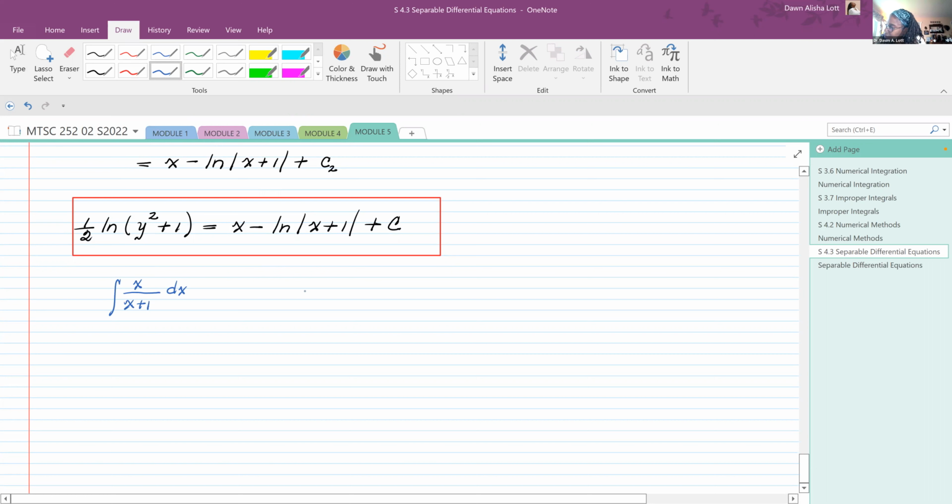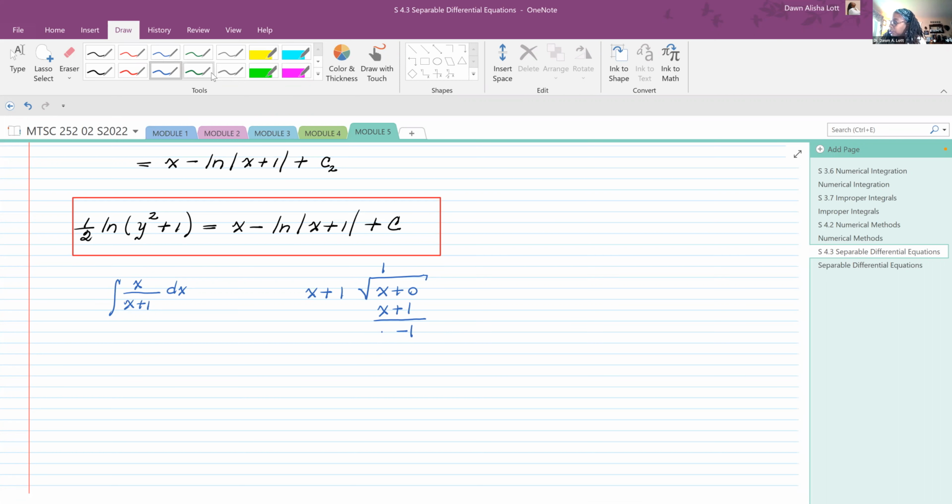So we would have taken x plus 1 and divided it into x. x goes into x one time. 1 times x plus 1 is x plus 1. Then you subtract: x minus x gives you nothing, and 0 minus 1 gives you -1. So that's the remainder.